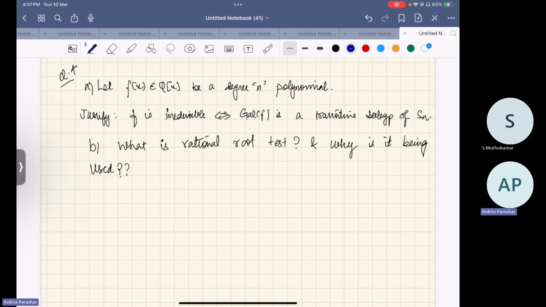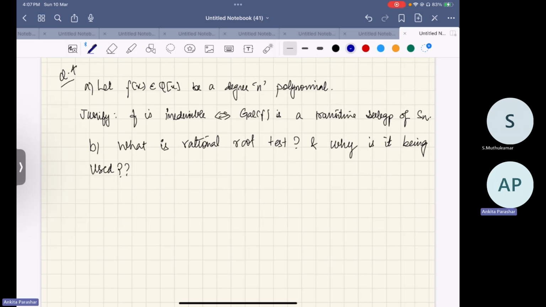I think one direction is not that difficult. Suppose we assume f is irreducible, and suppose it has some roots.